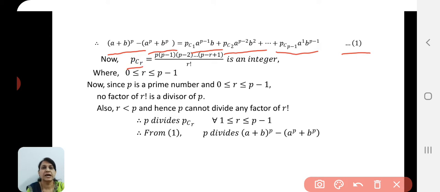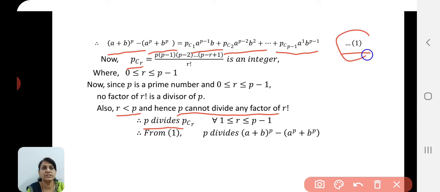So pCr can be written as p into (p minus 1) (p minus 2) and so on up to (p minus r plus 1), whole divided by r factorial, which is an integer. Since r is less than p, p cannot divide any factor of r factorial. So that implies p divides pCr.